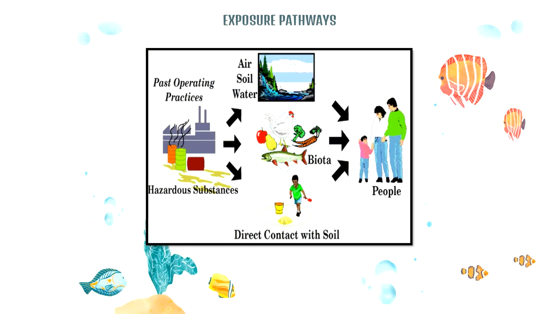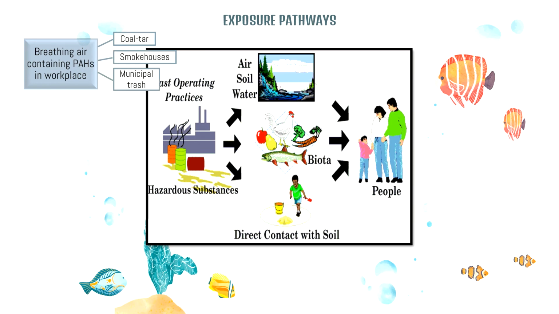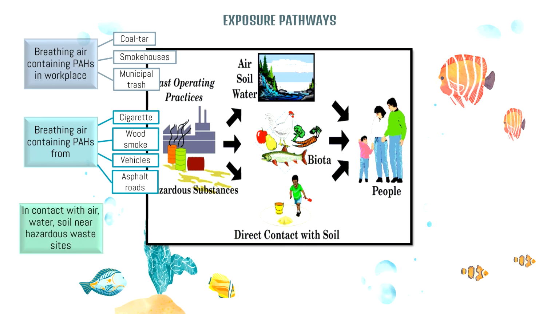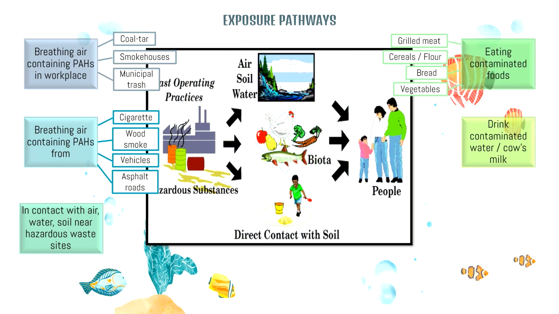We might be exposed to PAH through breathing air containing PAH in the workplace, breathing air containing PAH from cigarette smoke, wood smoke, vehicles, and asphalt roads, contact with air, water, and soil near hazardous waste sites, eating contaminated food, drinking contaminated water or cow's milk, and nursing infants of contaminated mothers.